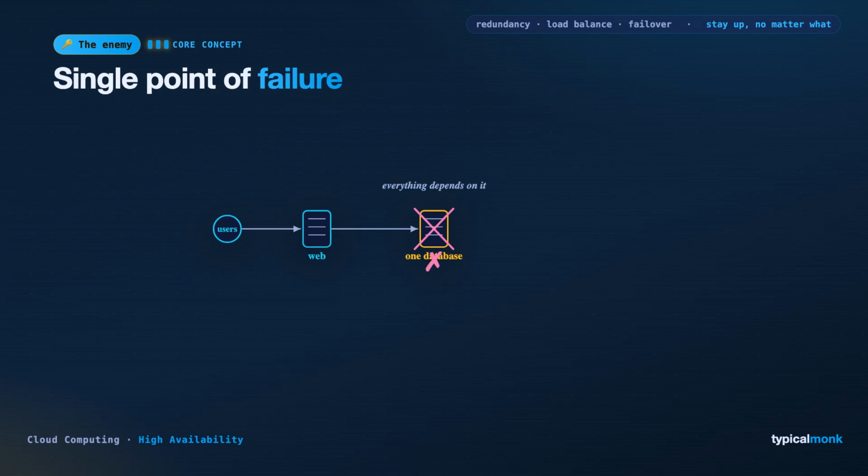The essential discipline of high availability is to hunt these down. You look at your architecture and ask, component by component, a simple brutal question: if this one thing fails, does the system go down? Everywhere the answer is yes, you have found a single point of failure that must be addressed.